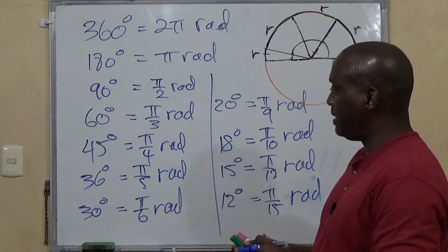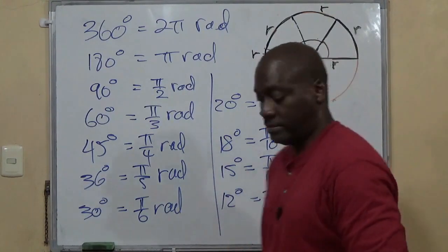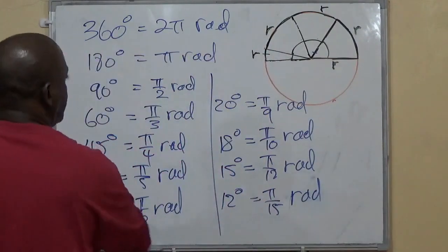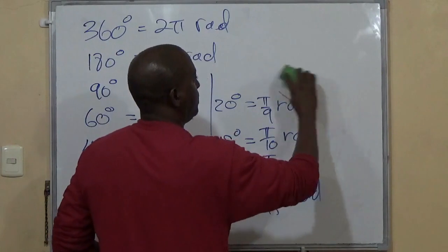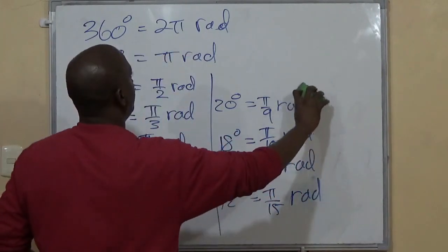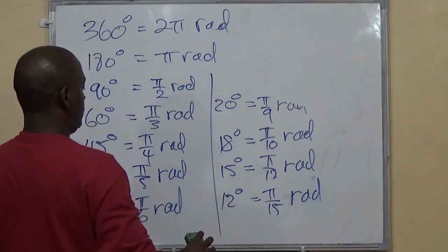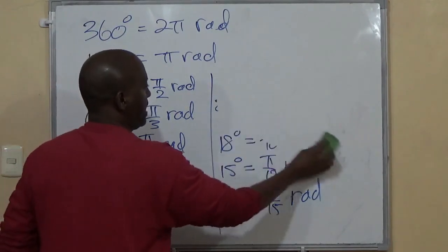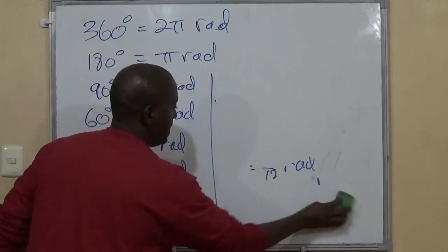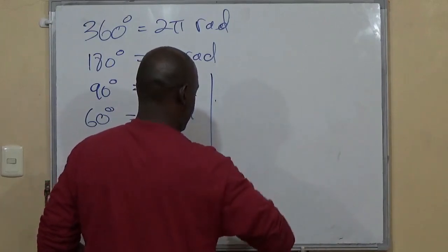You divide 180 by 18. So we're going to rub off this circle here now. I don't think we need it right now. What I'm going to do is go back on top with these so that we can get as many of these in as possible.